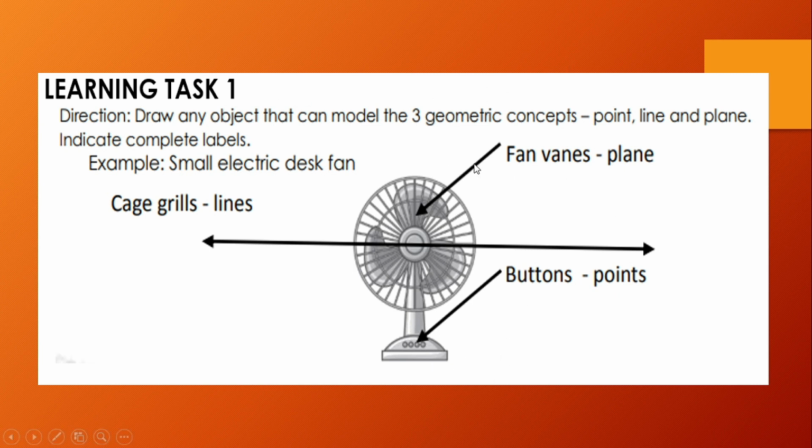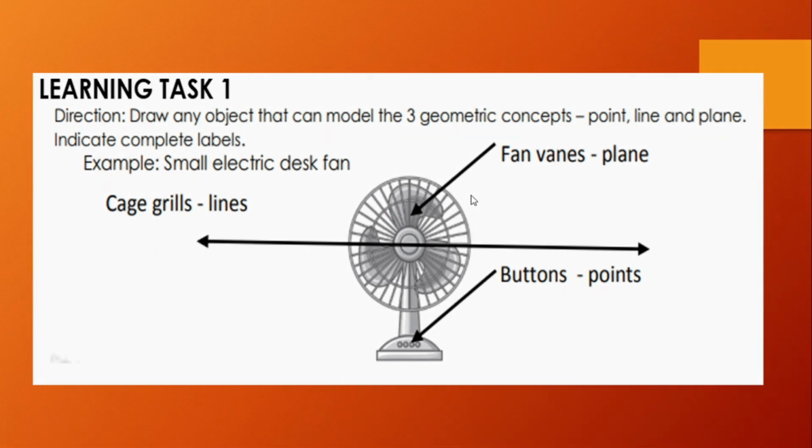In this example, we have a small electric desk fan, which those buttons represent the points. Yung mga fan vanes, plane, flat surface, correct? Yung mga nasa loob na parang LED. And then we have the cage grills na nag-represent for the lines.